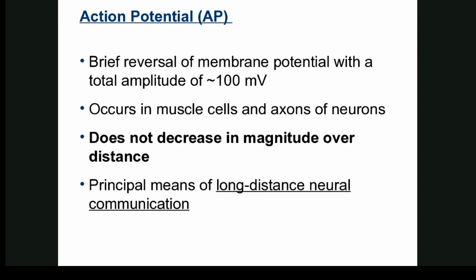So the action potential is long-distance electrical communication, and it does not decrease in magnitude. Once it starts, it just completely goes, like rolling a ball down a hill.